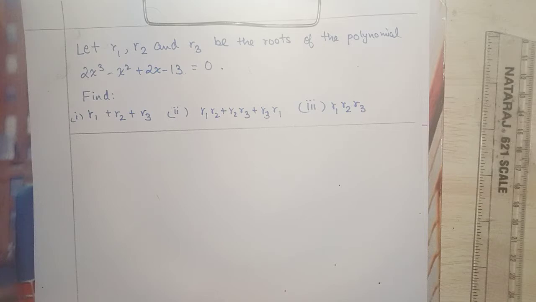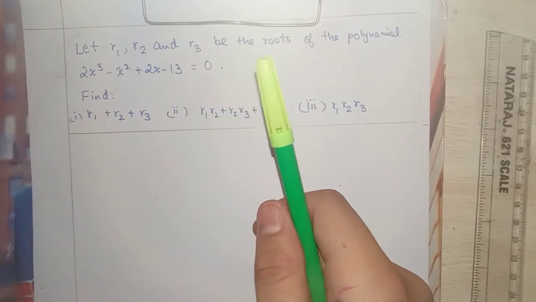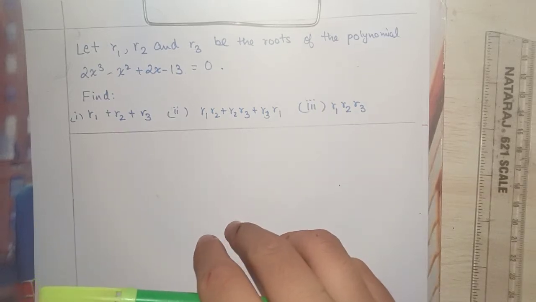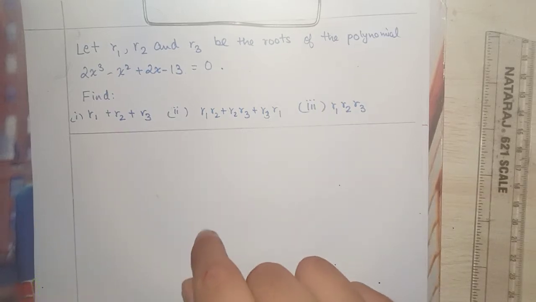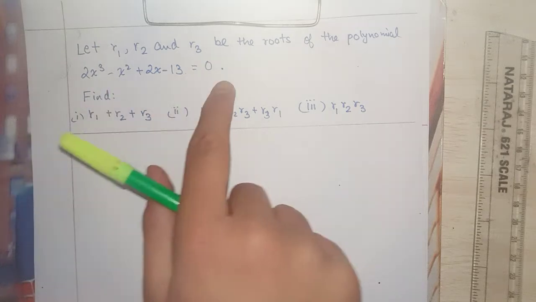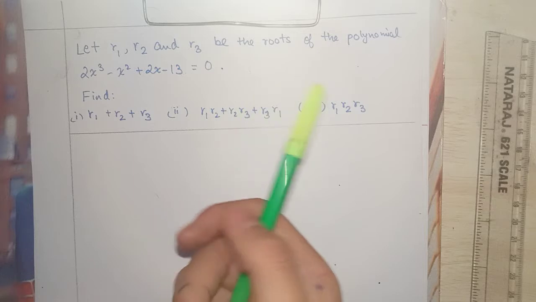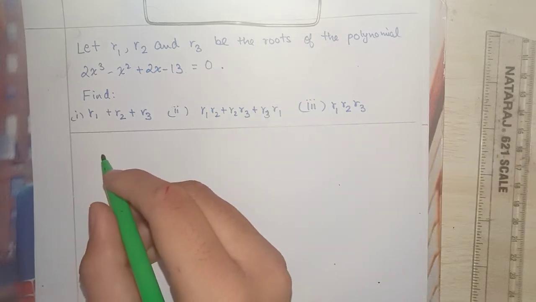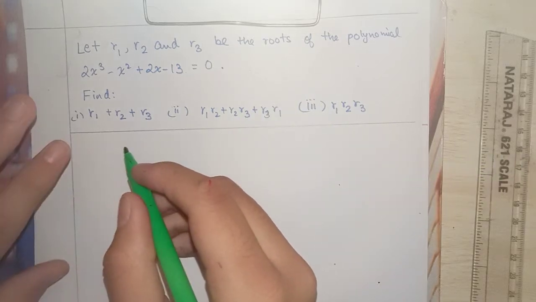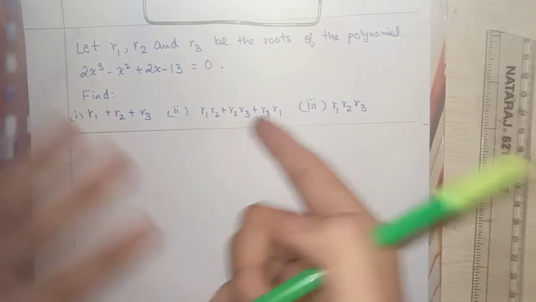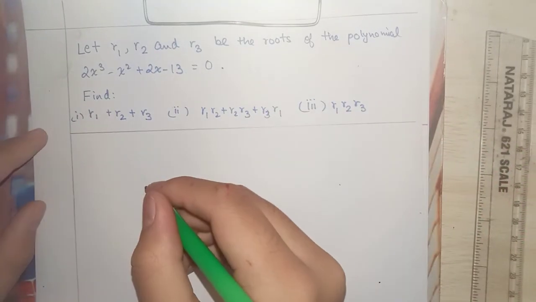So give this problem a try, and this problem will help us to find the Vieta's formula for the third degree polynomial. So I encourage you not to solve for the roots because they might be irrational. So let us try to find the sum, the product and all of that stuff directly.